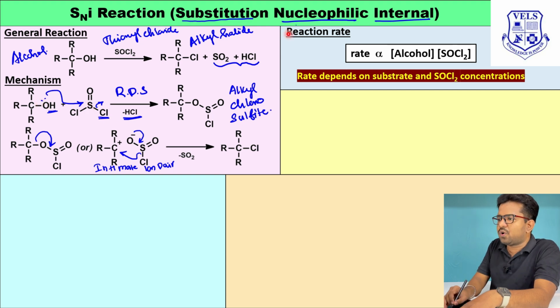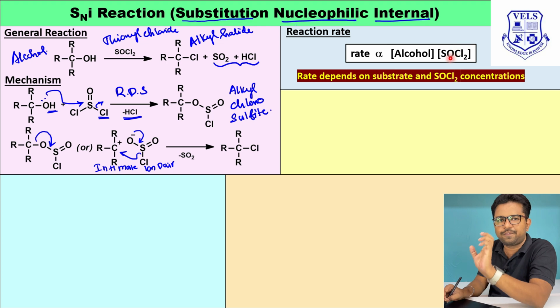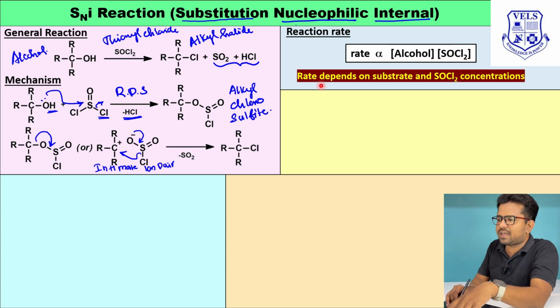So the rate of the SNi reaction is directly proportional to the concentration of alcohol and the concentration of thionyl chloride. In other words, the rate depends on the substrate as well as the thionyl chloride concentration. That is why this SNi reaction is an example of a bimolecular reaction.